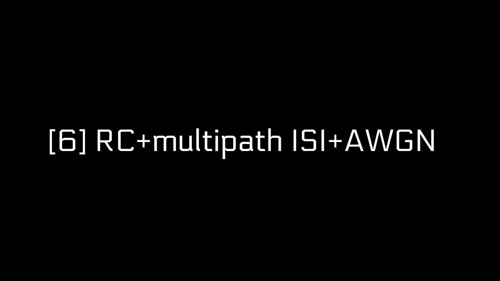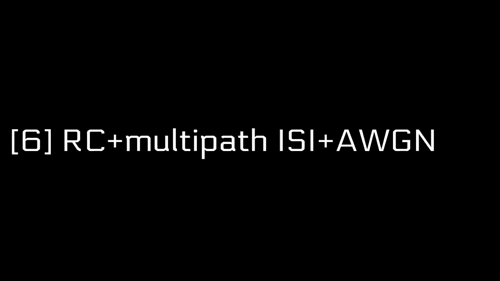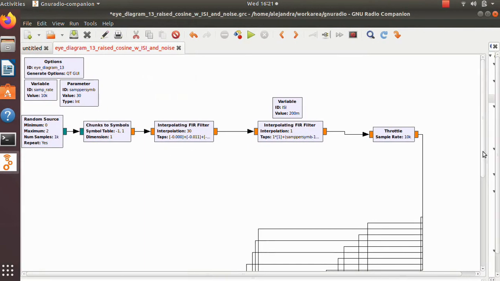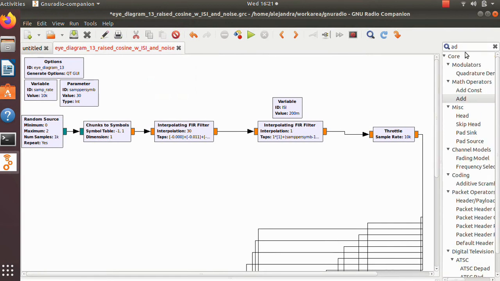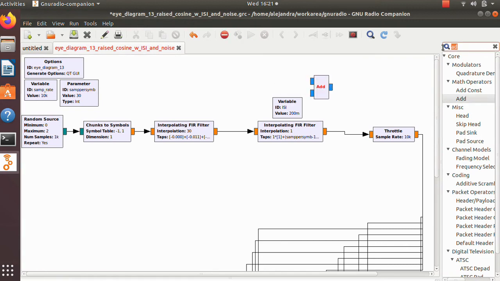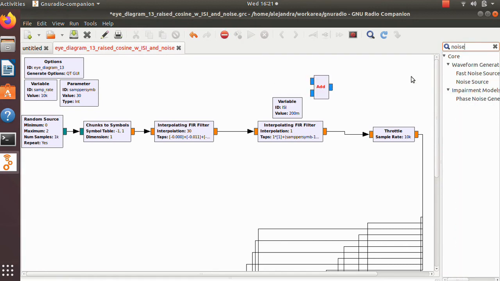In our last experiment before discussion, the case will be of raised cosine pulse shaping plus multipath ISI modeled in GRC plus additive white Gaussian noise, zero mean. So we need to find an adder and include it in the flow graph, and we also need a noise source.